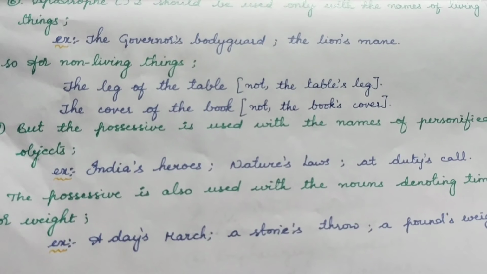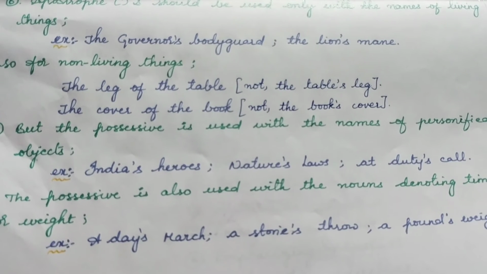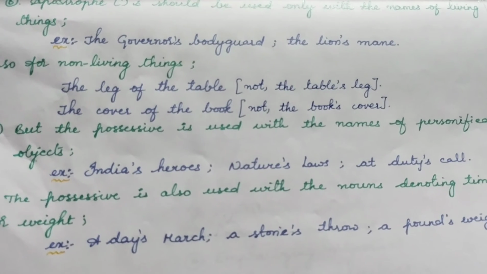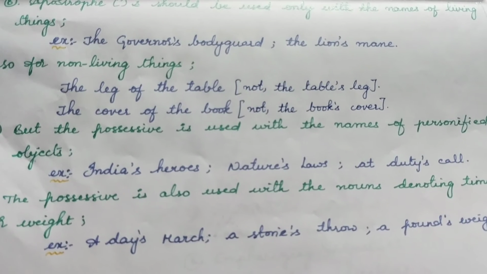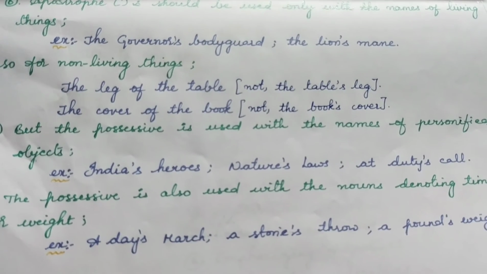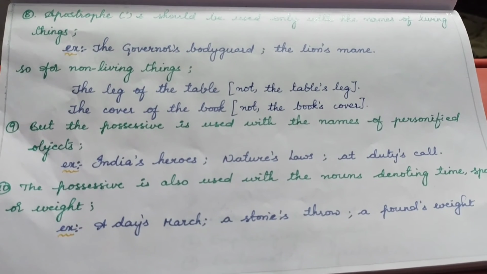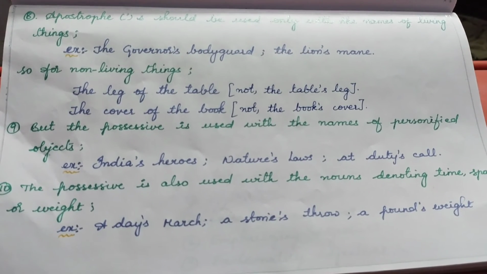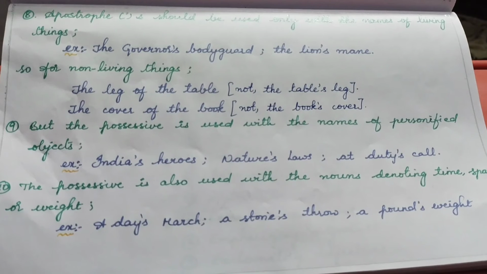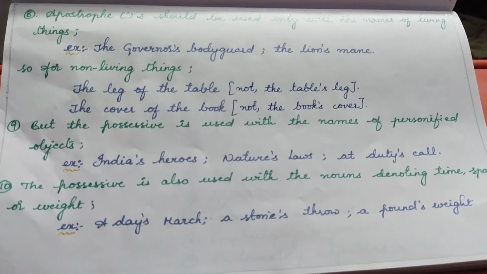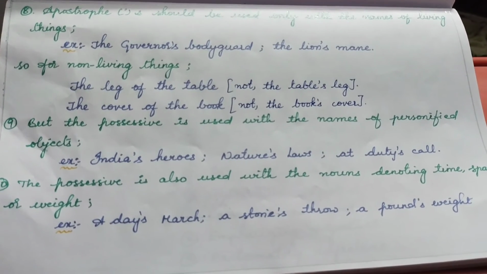Here, book and table are non-living things. For them, we cannot say the table's leg or the book's cover. So only for living things, we should use apostrophe. For non-living things, we have to use the preposition of.